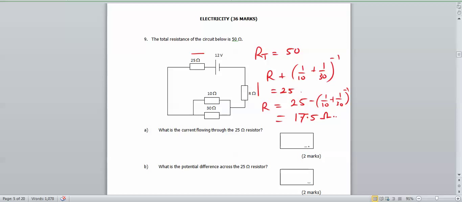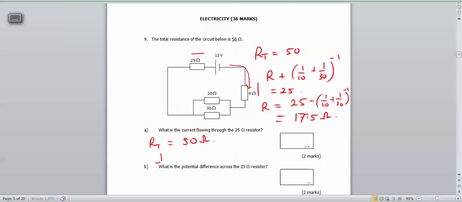What is the current through the 25 ohm resistor? So that's basically, we just want to know what the total current is. So let's work out what the total resistance is. We're doing total that equals 50.